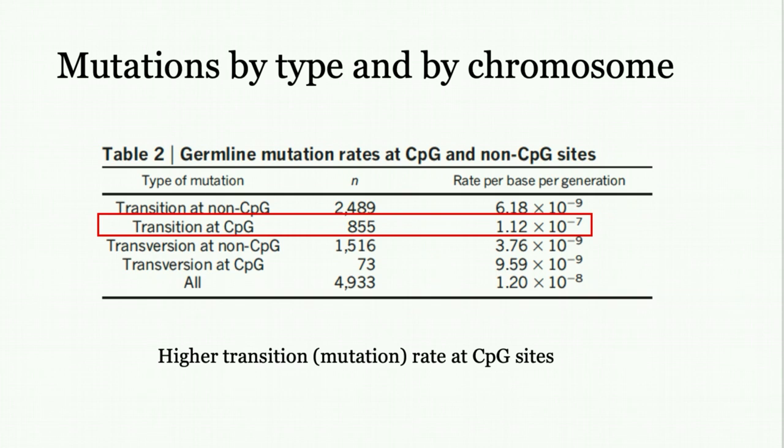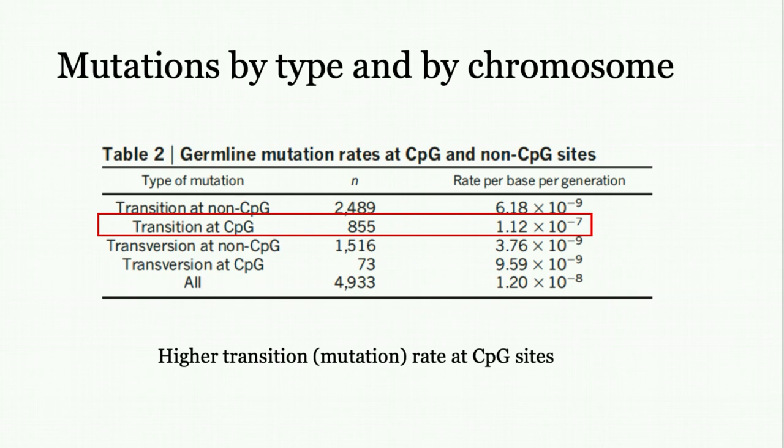The overall mutation rate estimated in this study is about 1.2 times 10 to the negative 8, and this is per generation. Usually when you talk about per generation mutation rate, it is always at the scale of negative 8. So CpG islands have an elevated mutation rate.